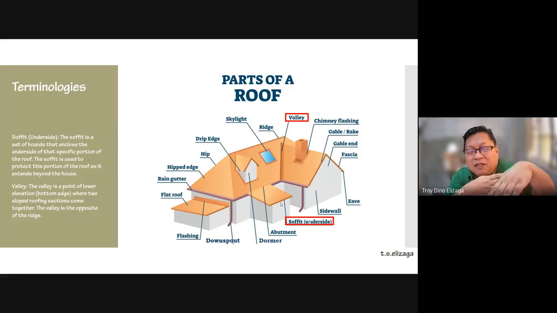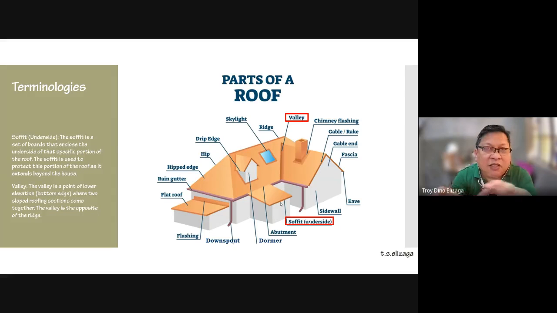But then, before you even put the roofing, I mentioned to you that there are roof framings. Okay, so you cannot have that exposed. So when you cover it, especially the underside, we call that the soffit. Okay, it's the ceiling of the eaves. It's like the outdoor ceiling.